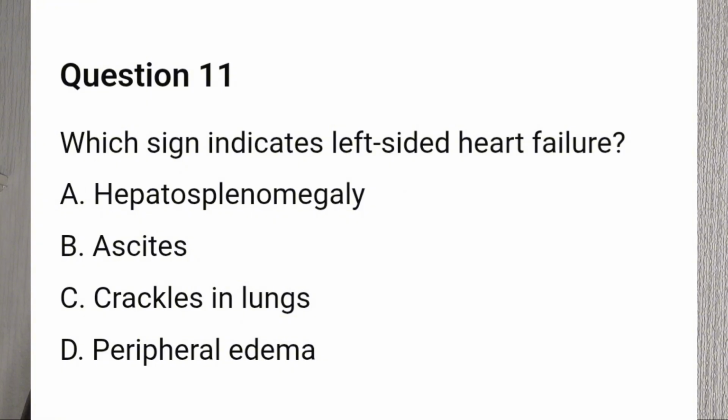Number 11. Which sign indicates left-sided heart failure? Don't even look at the questions or the answers. Left-sided, L, lungs. Left pulmonary. So left-sided, we are going to look at signs that are associated with the lungs, congestion in the lungs and all the lung issues. So you have these tips, then you can apply them to the answers.